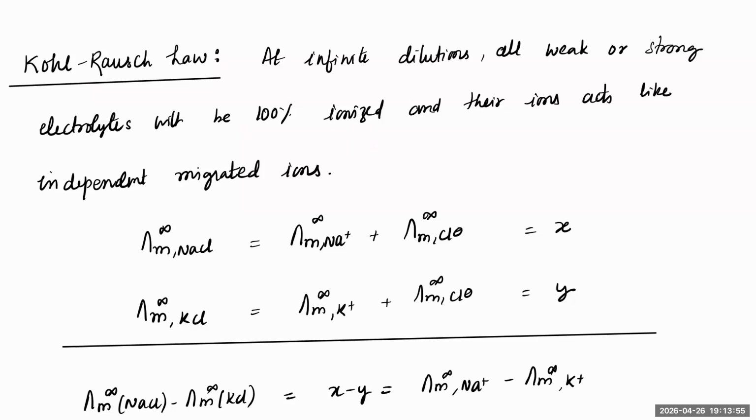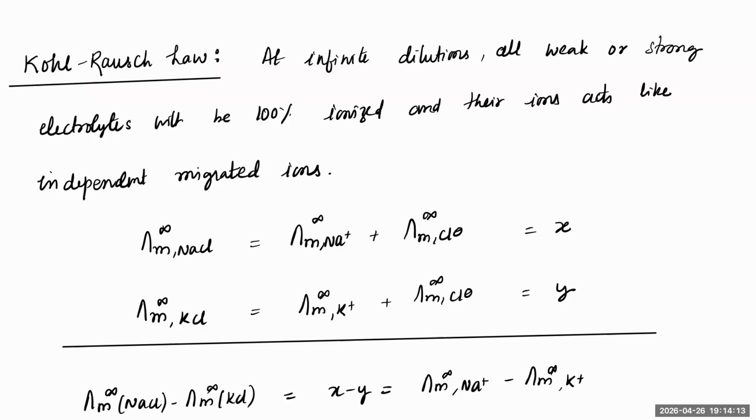In that case, whether it is weak or strong, both of these ions at infinite dilution will start behaving like independent ions, which means they will have hardly any affinity. They will be away from each other in the solution.